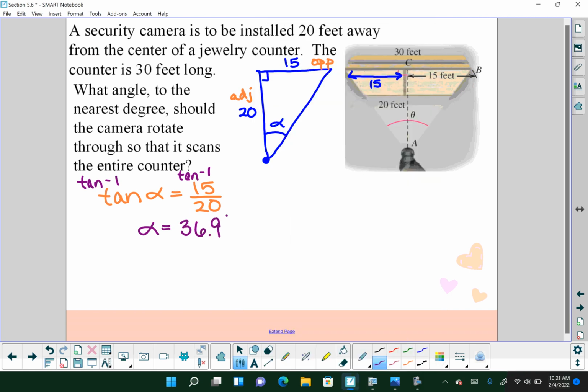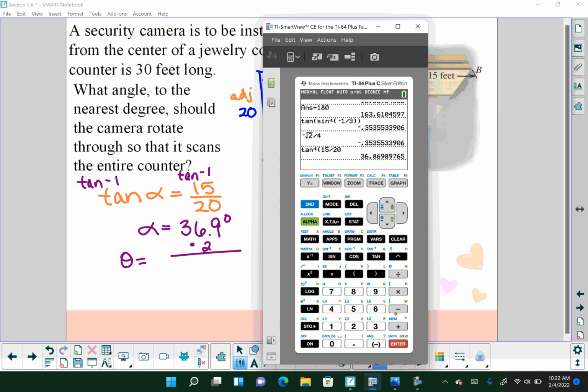36.9 degrees. Now remember, that's only half of where my camera is rotating through, but these were congruent triangles. So to get theta, all we need to do is double my angle, multiply it by 2. 36.9 times 2 gives me about 73.7, 73.8, depending on how you round it.